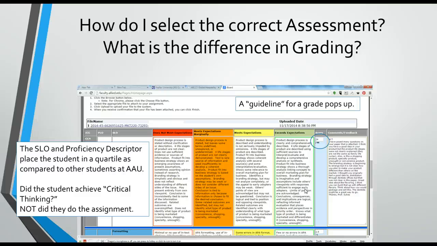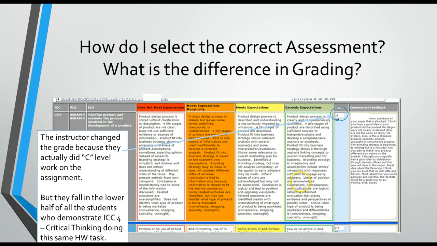Now, this student, and I'm going to show you on the next screen, actually did a pretty good job. Well, they did a fair job on the task that was assigned to them, defining their product and evaluating the process involved in the development of a product. So they did develop their product, they talked about their product. What they didn't do is think about it very well in terms of critical thinking.